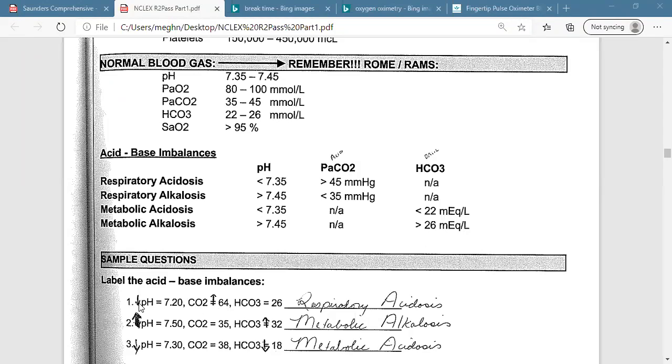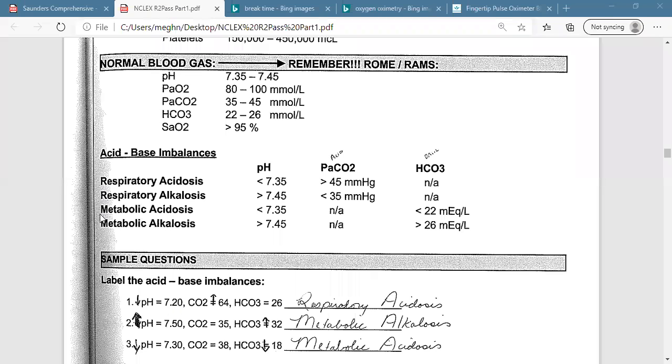First, to see the pH, we can find out whether it is acidic or alkaline. Like the first one, pH is 7.20, acidic problem.